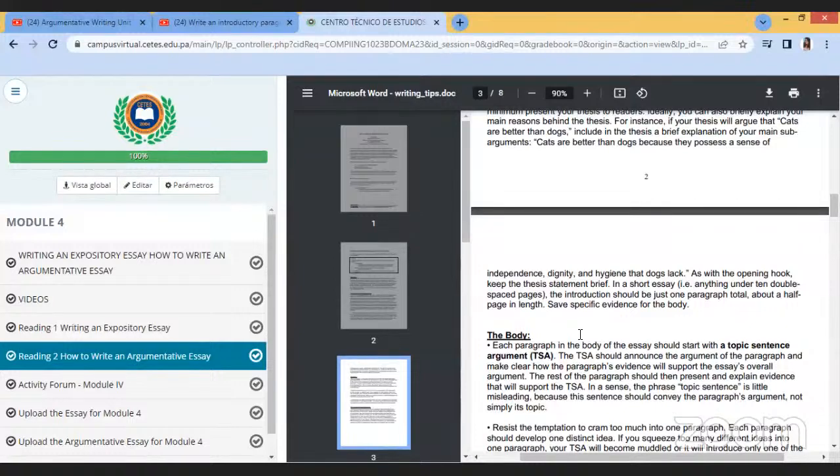So in this case, the introduction or the first paragraph serves as a critical first impression for an argumentative essay, setting the stage for the writer's defense of their position on a controversial issue.